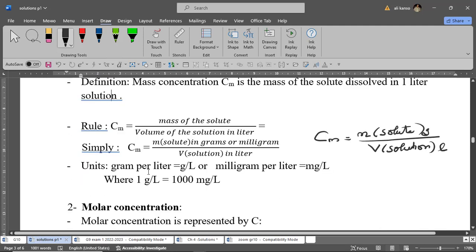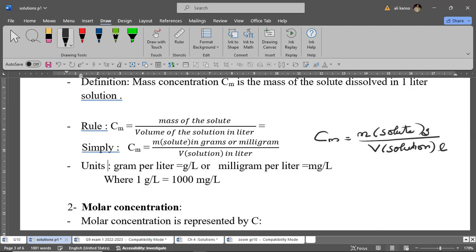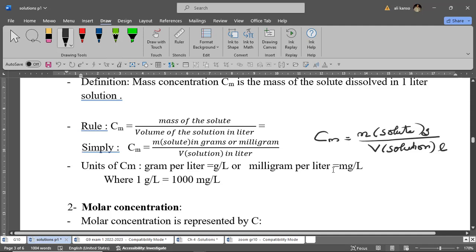The unit of C mass is gram per liter, not milligram per liter, or milligram per liter, mg per liter. The relation between 1 gram per liter and milligram per liter is 1000, or 10 to the power 3 milligram per liter.